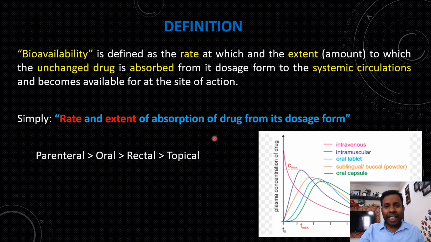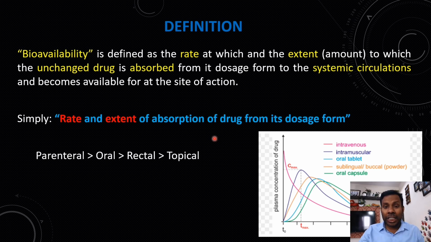So how are this rate and extent important? Both this rate and extent of drug absorption are important. First, rate. The rate at which drug is absorbed is very much crucial in case of emergency like asthma and heart attack. In case of emergency, rapid onset of drug action is required.